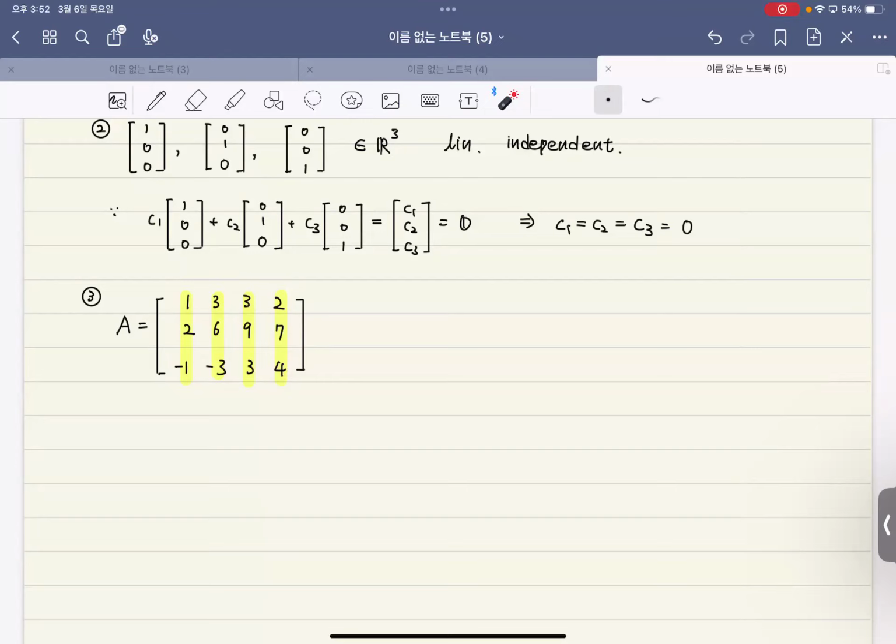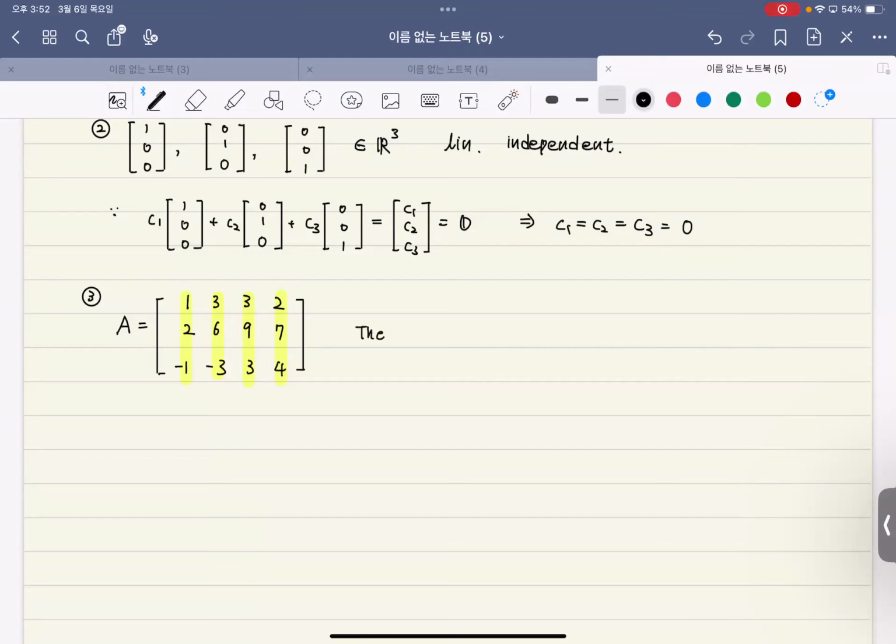If you have finitely many vectors, and any of those vectors can be written as a linear combination of the others, then it's automatically linearly dependent. So this is linearly dependent.